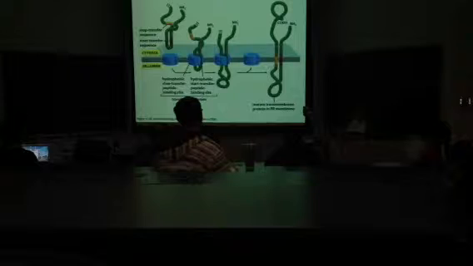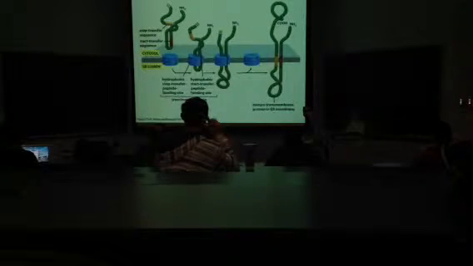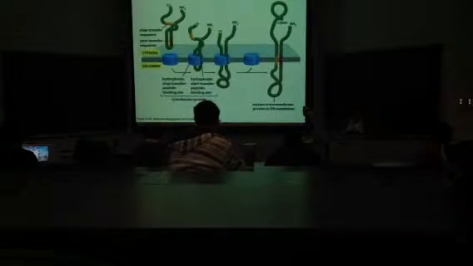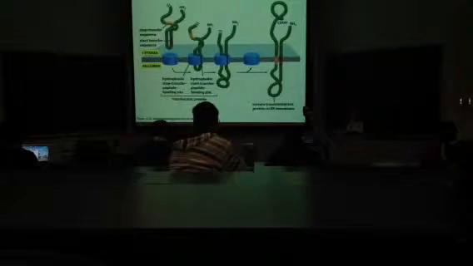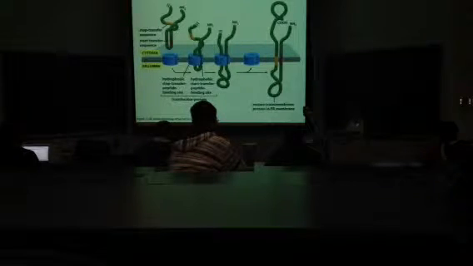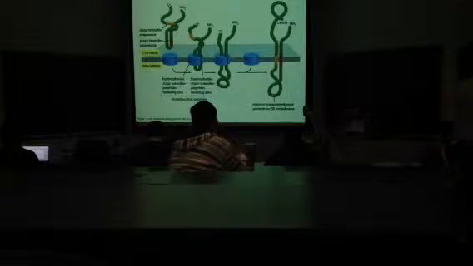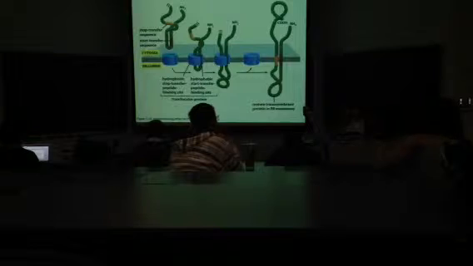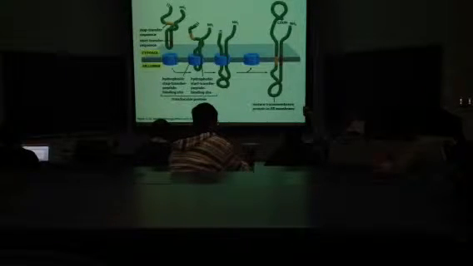Okay, moving on, we're going to add sugars to proteins. Now remember, we are in the ER, and this is co-translational processing. In other words, as the protein's being translated, it's being inserted into the ER.